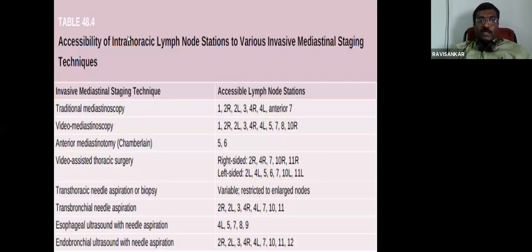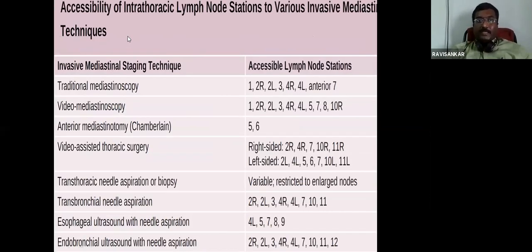This is what I was telling about the invasive mediastinal staging. There are some areas which you cannot reach with all the systems, but remember this one, the extended mediastinoscopy Chamberlain procedure is useful for 5 to 6 lymph node sampling. The traditional mediastinoscope is primarily useful in anterior regions.